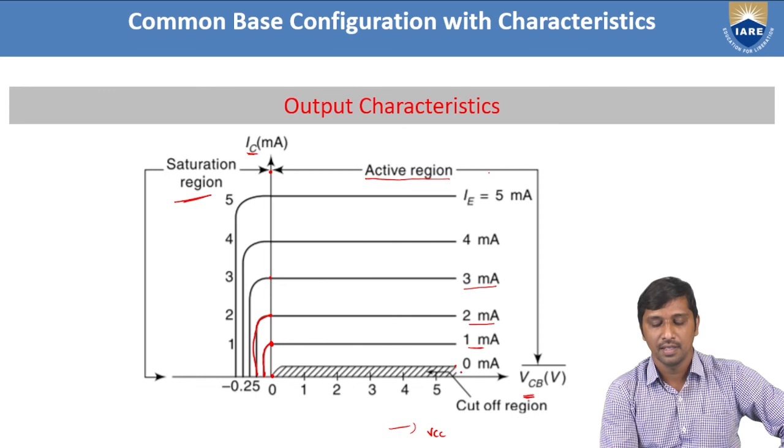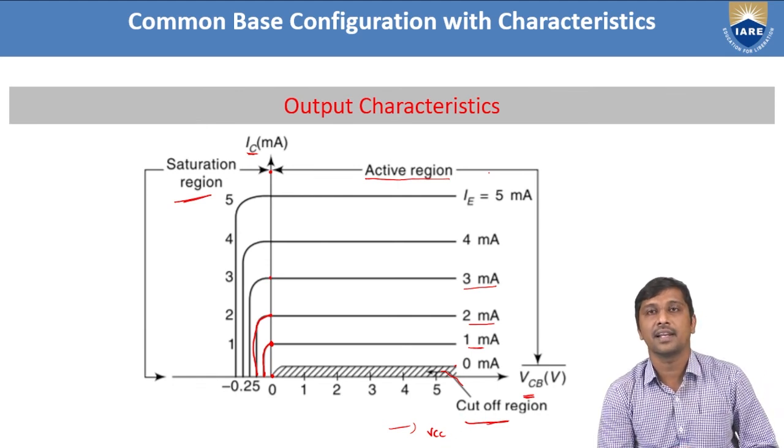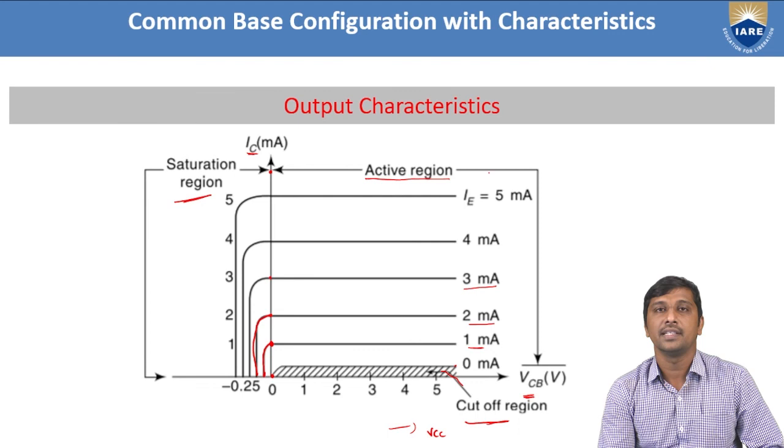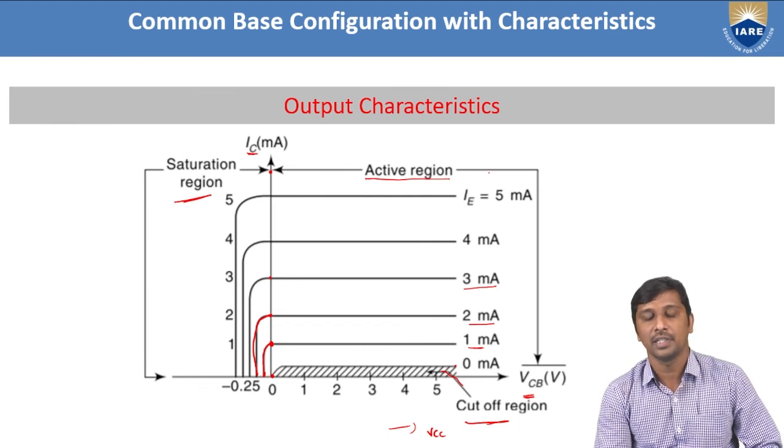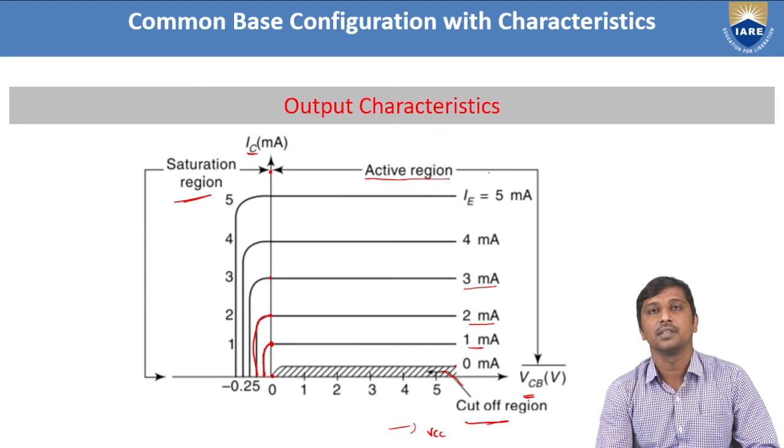That is the reason we represented the emitter current as 0. At this point, the emitter base junction is reverse biased, and the collector base junction is already reverse biased. So both the junctions are reverse biased, hence this region is called the cutoff region. These are some characteristics of the common base configuration with respect to input and output. Up to this point, we have observed the common base configuration and its characteristics.